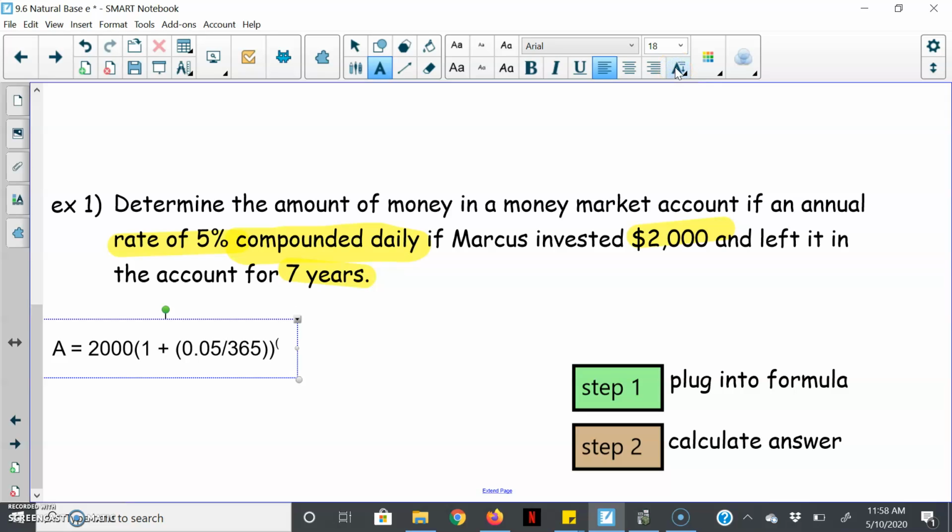So parenthesis, n is number of times per year, 365 times number of years, 7, close that parenthesis. And we're going to take this and put it into our calculator. So let's do that.